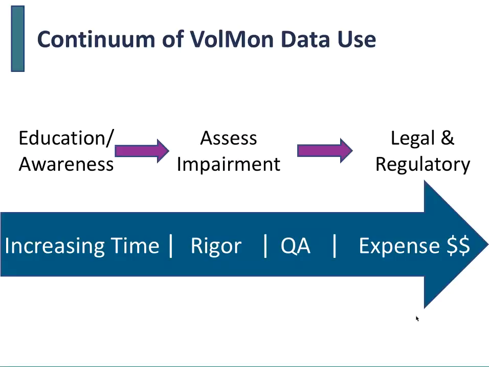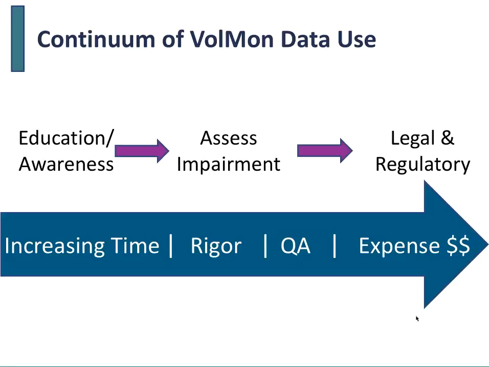And you'll see here this slide has been used often. I don't know if you've seen it before, but if you haven't, the idea is that there are different types of monitoring reasons. Some folks are monitoring because they want to raise awareness within their watershed. Other folks are monitoring because they want to assess if a stream is healthy or unhealthy.